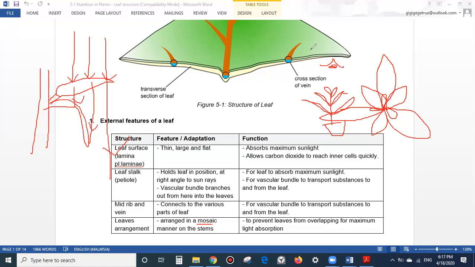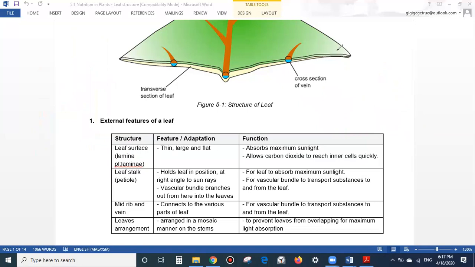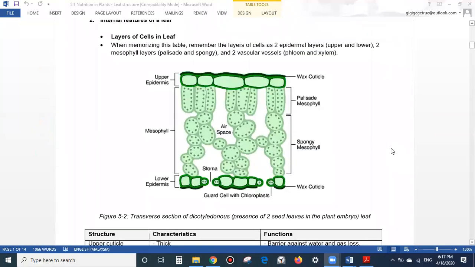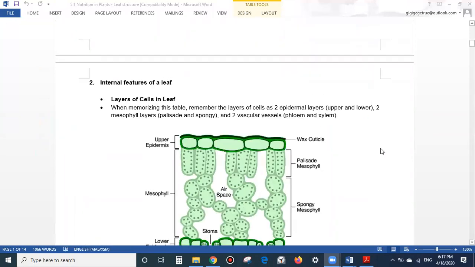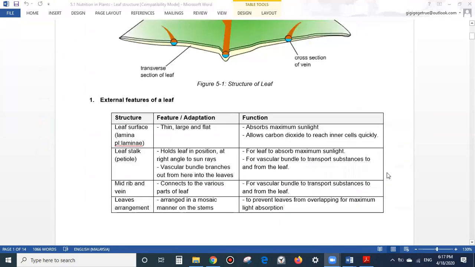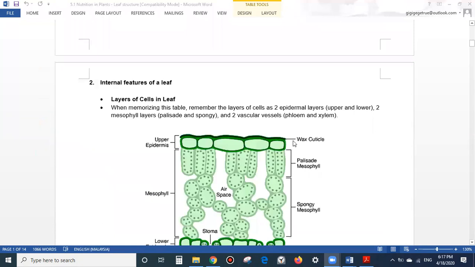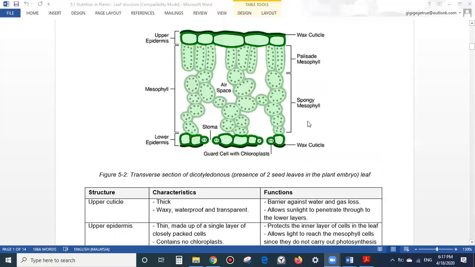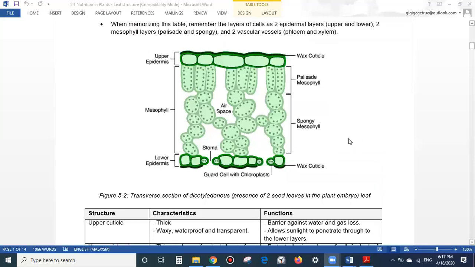Okay. Let's take a look at this layer. Earlier we were looking at the external feature. Now we are looking at the internal feature. In the internal feature, this is some sort of like a sandwich. You know how a sandwich is? You have two breads and then maybe a meat or egg in it.